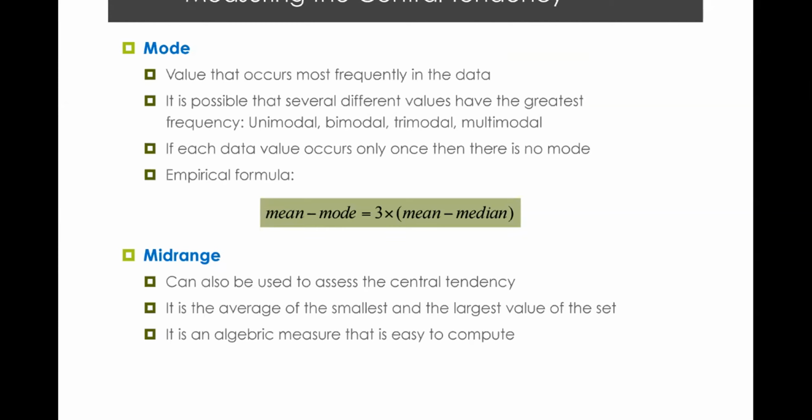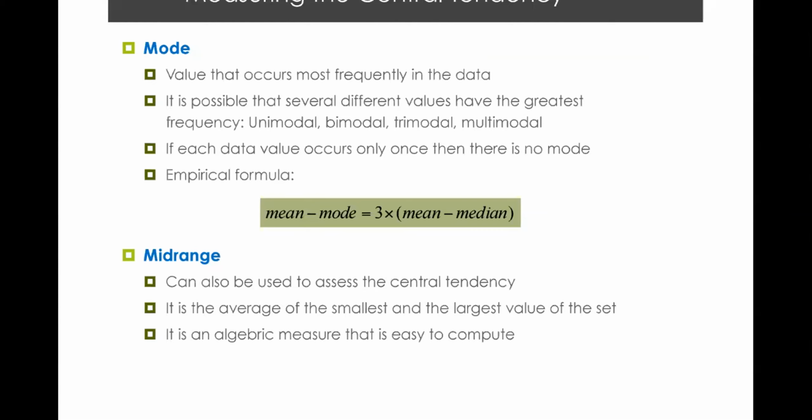For example, the mid-range of the data of a given problem: the lowest value of the given data is, let us assume, $30,000, and the highest is $110,000. The average is 110 plus 30, that is 140, by 2, so the mid-range value is $70,000. That is how you find the mid-range value in central tendency.